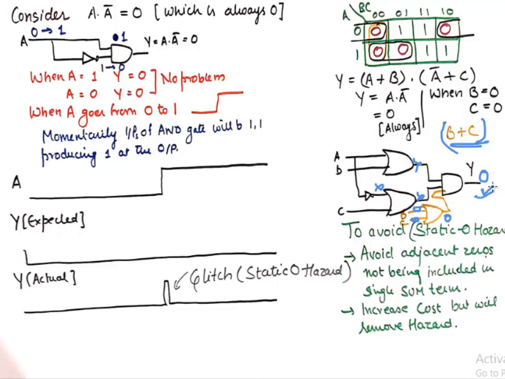So that is how you remove a static 0 hazard from the circuit, by making it more complicated, more costly, but sometimes to increase the efficiency of the circuit we need to increase the cost.